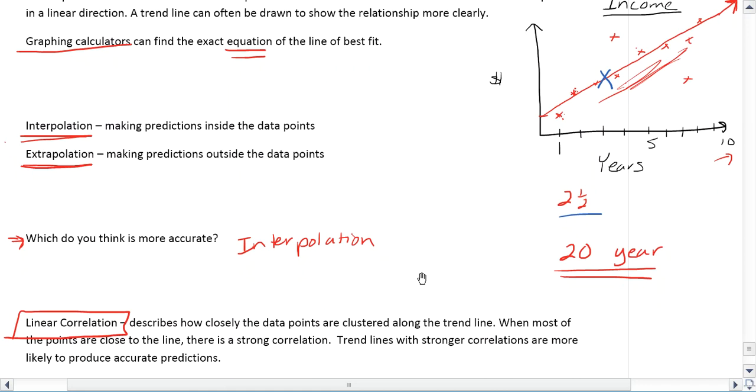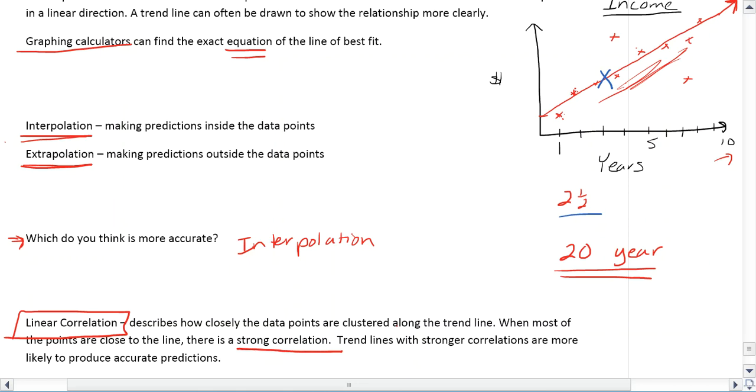And there's a number, a value of this we'll look at. This number describes how closely the data points are clustered along the trend line. When most of the points are close to the line, there is a strong correlation. Trend lines with strong correlations make better predictions, and you can be more certain of them. And mathematicians in business, they're asked to make predictions about sales or costs.